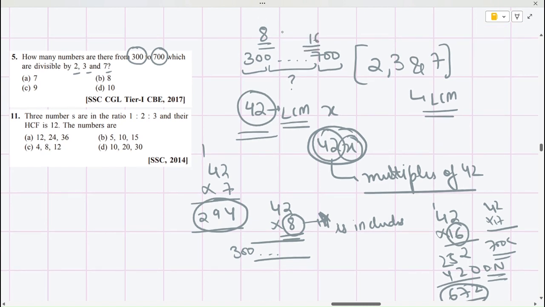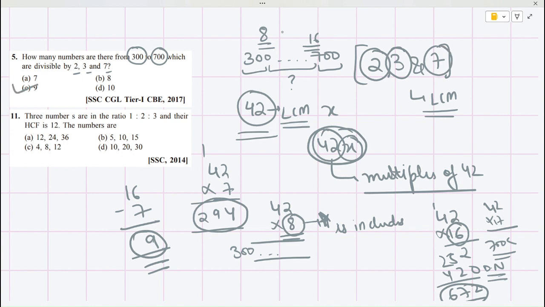So we need to subtract 7 from 16 and not 8, because 8 is included. If we subtract these, the number that we'll get will be equal to 9, which means that there are 9 such numbers which are multiples of 42 which lie between 300 and 700. That is the only reason why all these numbers will be divisible by 2, 3 and 7. So the answer for this question will be equal to 9.